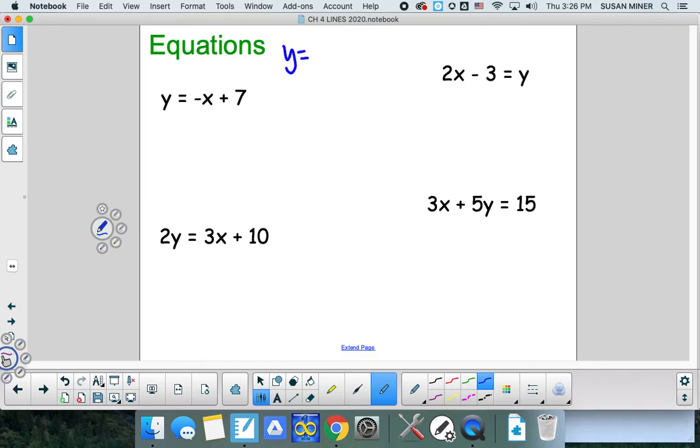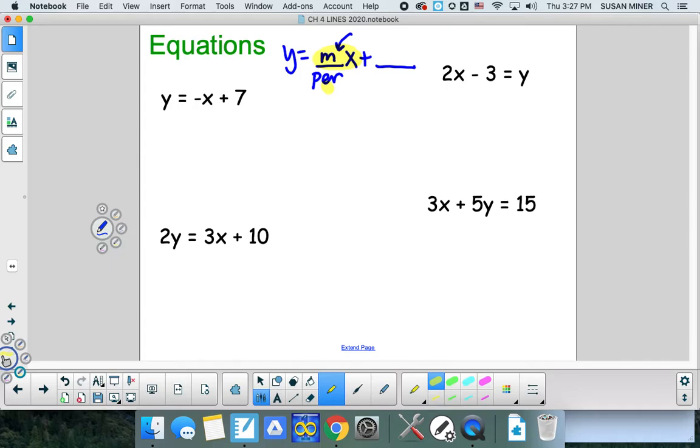Y equals blank x plus blank. This first box, that was our per box. Now we know it is slope, and we use the variable m to represent slope. But now we know that the number that is paired with the x, we kind of just look at the equation, we find the number that is in front of the x, that is our slope.